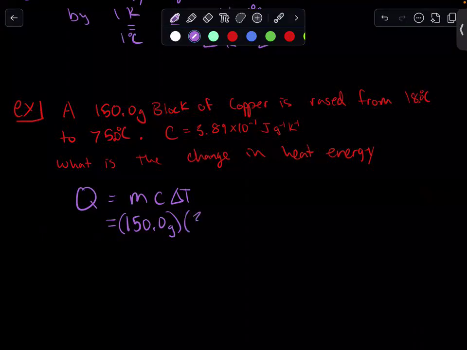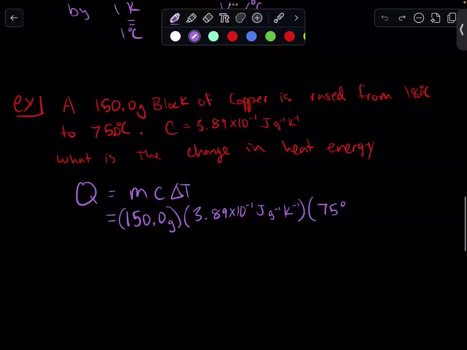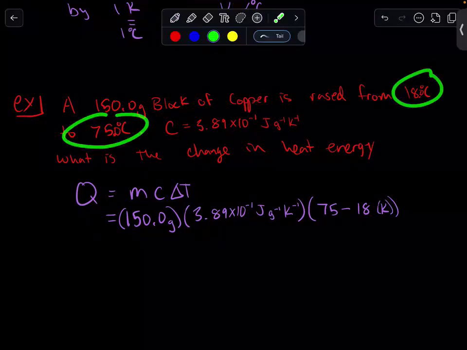Our C we know is 3.89 times 10 to the minus first, joules, grams inverse, Kelvin inverse. And our temperature change is 75 minus 18, and I'm going to just put Kelvin as my unit because we're finding the change in temperature.